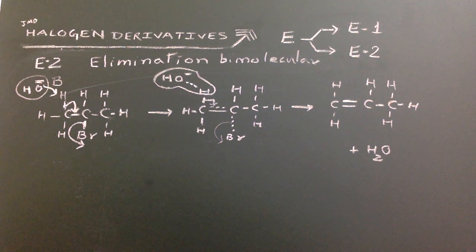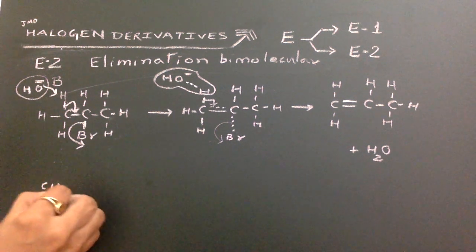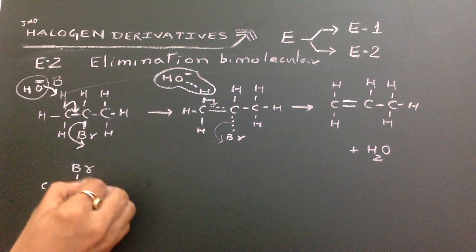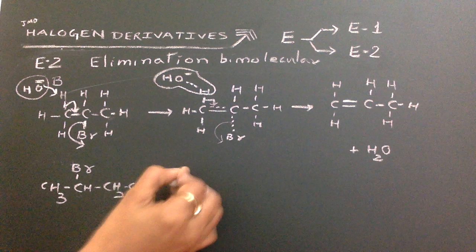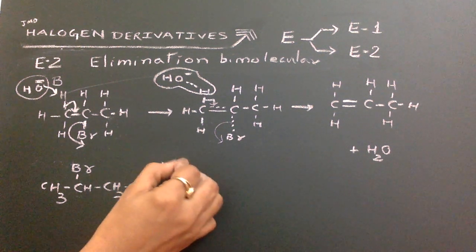So this is how elimination is taking place by E2. I hope you remember Saytzeff's rule. In the same molecule, instead of 2-bromopropane, if I would have taken 2-bromobutane, then students, we would have got 2 products.